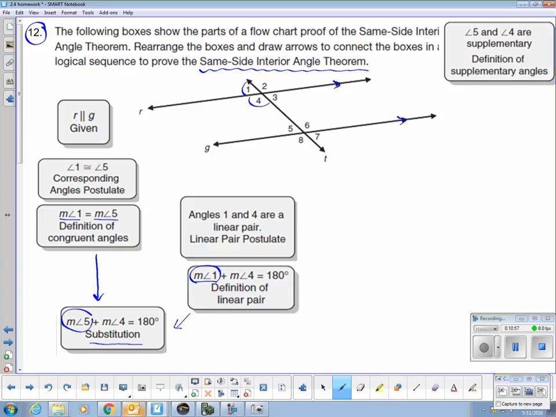So I'm combining this clue together with this clue to be able to say the measure of angle 5 plus the measure of angle 4 equals 180 degrees. And that was the reason why I had to go from congruency to equals.